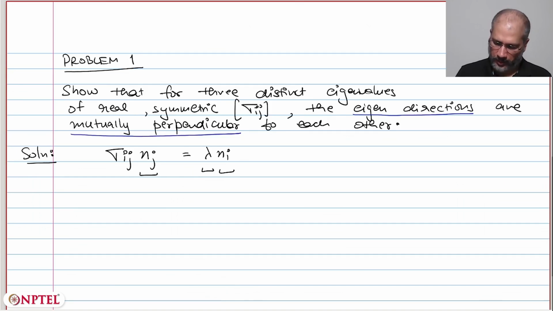So the first one will be written as sigma ij n1j equals lambda 1 n1i. Let's call this 1.